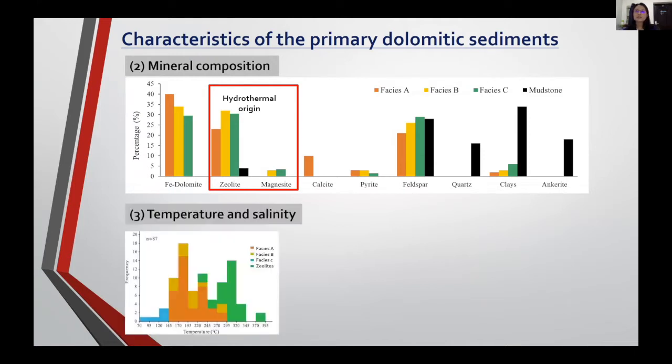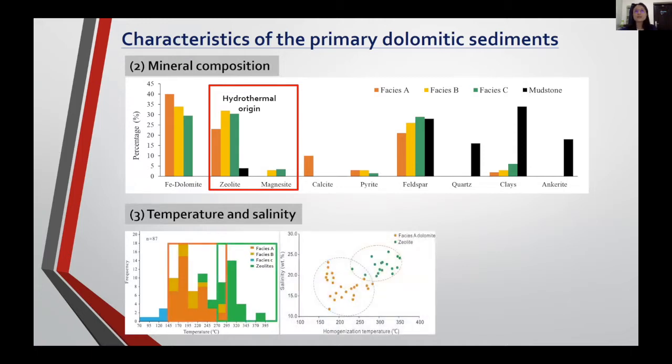Dolomite formed at 100 to 270 degrees, and zeolite over 300 degrees, both in high salinity over 10%. Zeolite forming at higher temperature and salinity than dolomite suggests hydrothermal brines were involved during mineral formation.